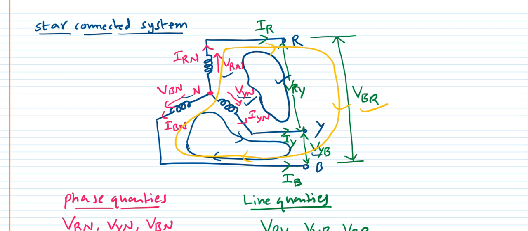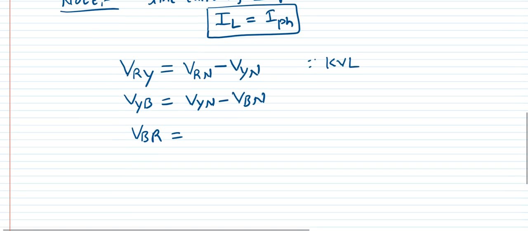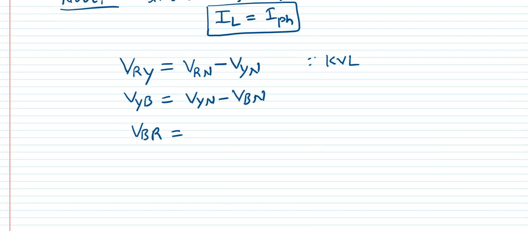This voltage plus this voltage plus this voltage drop equals 0. That is what you have to write here. So VBR is nothing but VBN minus VRN. These are the relations you can come to know.